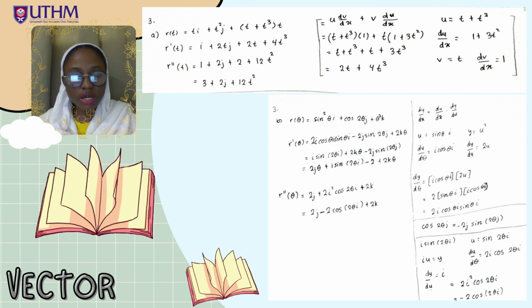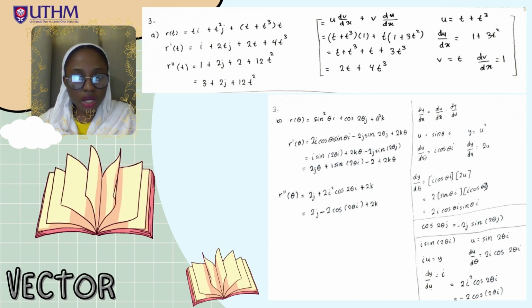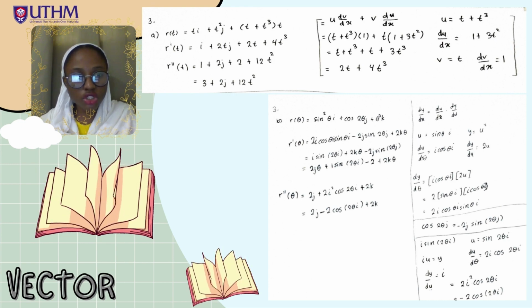And then the answer for the first differentiation altogether is i plus 2tj plus 2t plus 4t cubed.